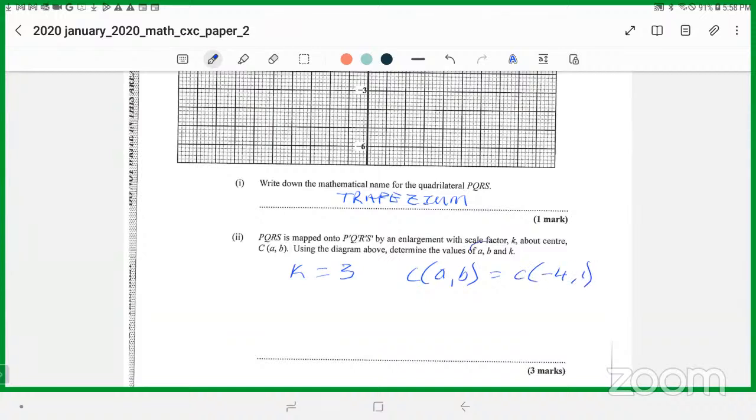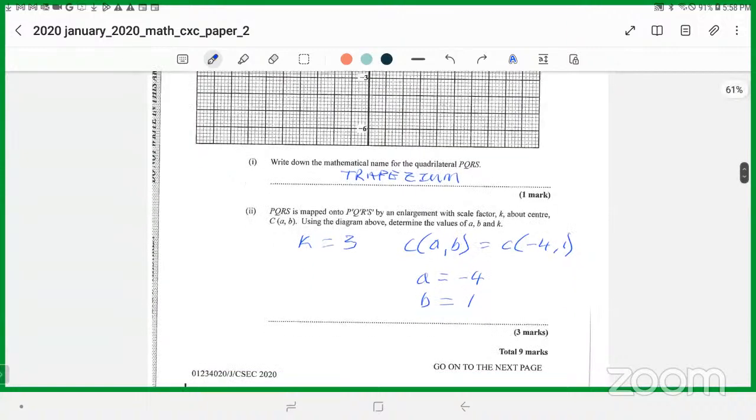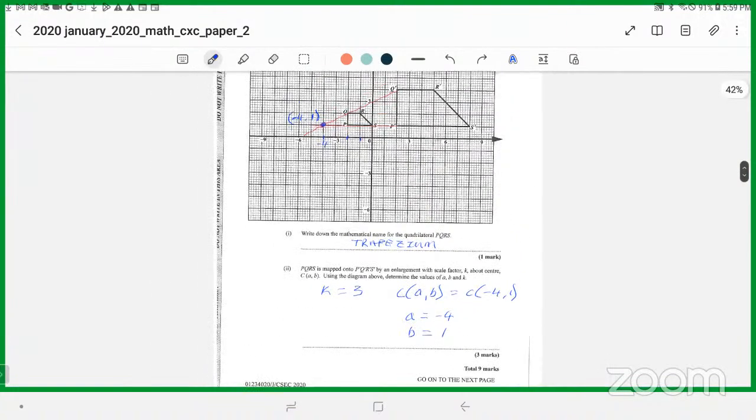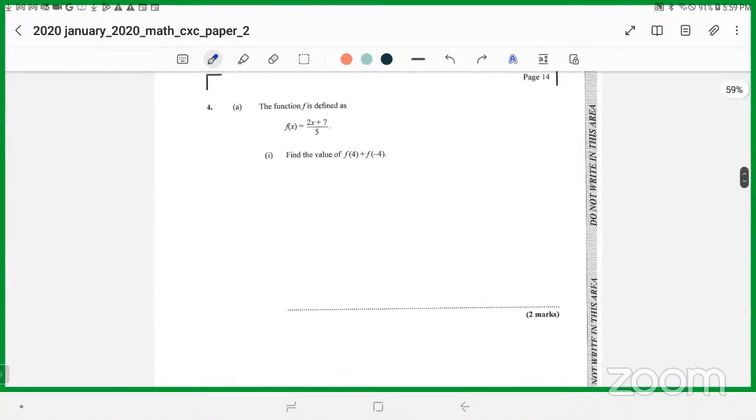So since I want to state these values, we can go further and say A is -4 and B is +1 and K is 3. Those are my answers. But the question asks us for these values, so I'm making sure that I state them explicitly here. Nice, easy question. All right, let's go. Next one.